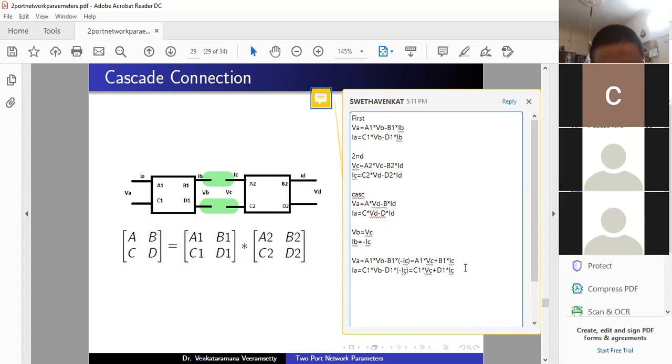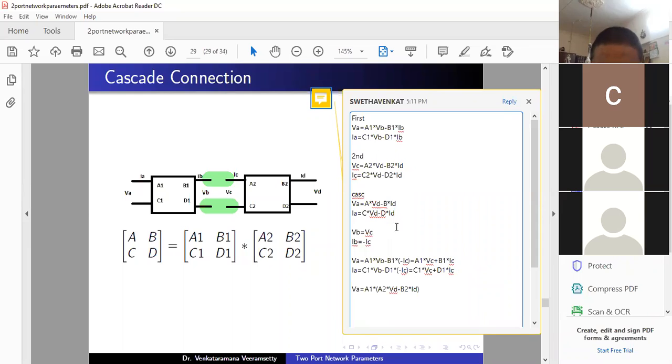Now what I have to do is, I want to replace VC with this one, and I want to replace IC with this one. So replace VC and IC by using these two and see what happened. So VA equal to A1 multiplied by VC, and VC equal to A2 multiplied by VD minus B2 multiplied by ID.